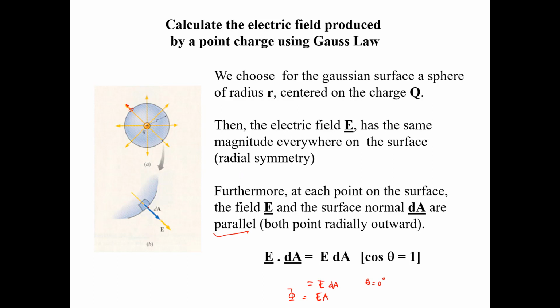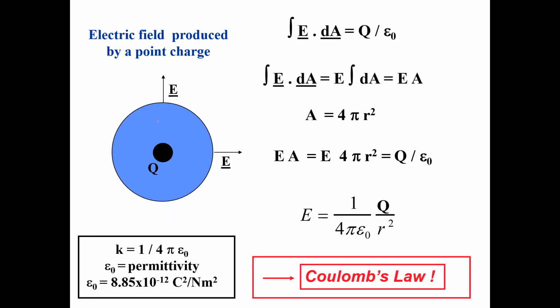Anywhere on the surface of your spherical Gaussian surface, if the charge is positive, it is parallel. If your charge at the center is negative, then it is anti-parallel, meaning 180 degrees. Because the electric field of a negative charge points inward, right? Radially inward. Okay. So, we have this one.